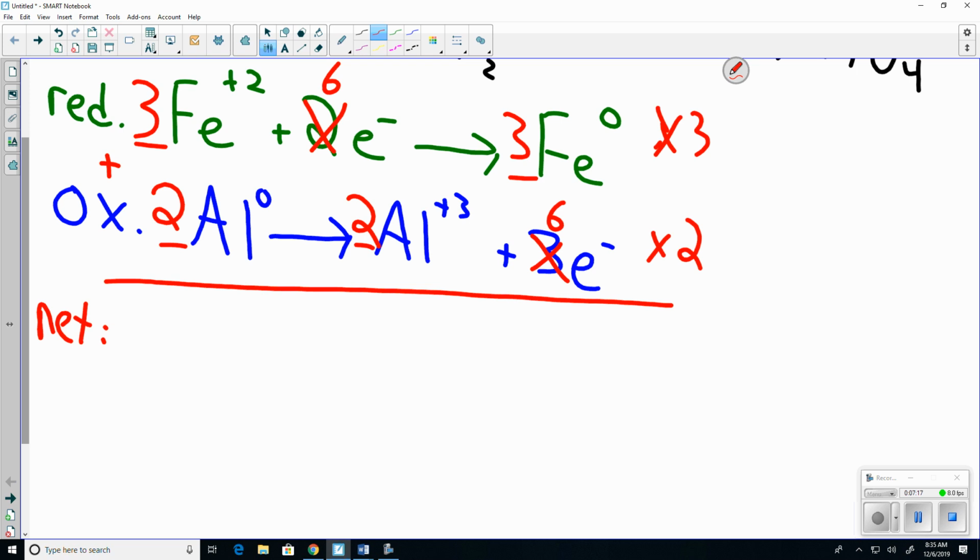We're going to use this overall redox reaction in stoichiometry. So that's why we have to figure this thing out. So on my reactant side, I should have 3 of the Fe plus 2 plus 2 of the Al0. Notice that I have 6 electrons on the reactant side, but I also have 6 electrons on the product side. The 2 cancel each other out. A net redox reaction no longer addresses the electrons.